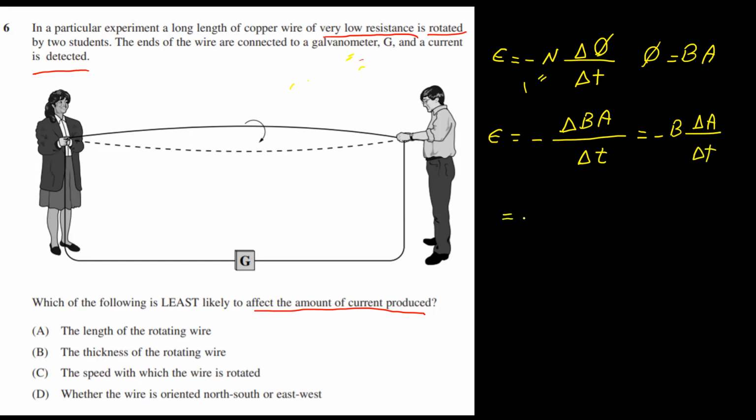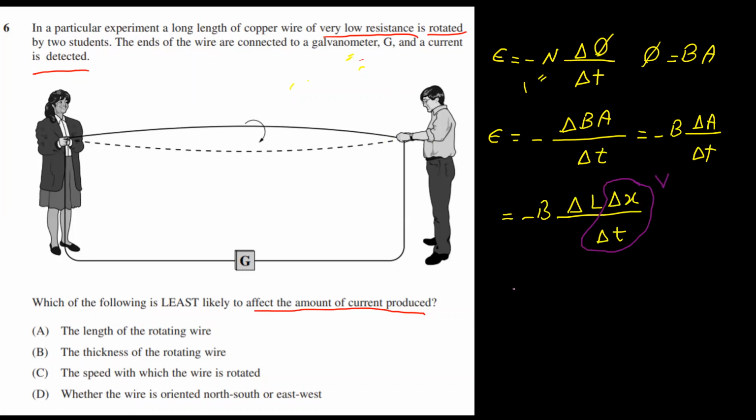We know A equals L times delta x, so I write delta A over delta t equals L times delta x divided by delta t, where L is the length of the wire and delta x is the width of the area that the wire covers by rotating. And delta x over delta t, as we know, is equal to speed, or we can say velocity, but in this case it doesn't matter, I say speed.